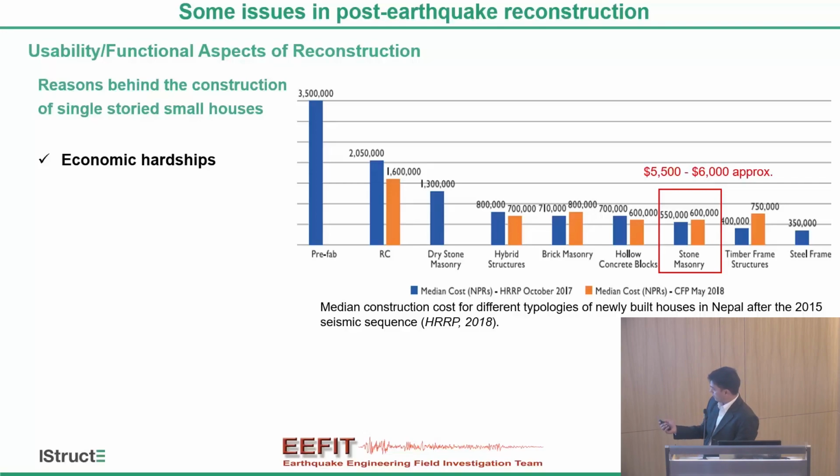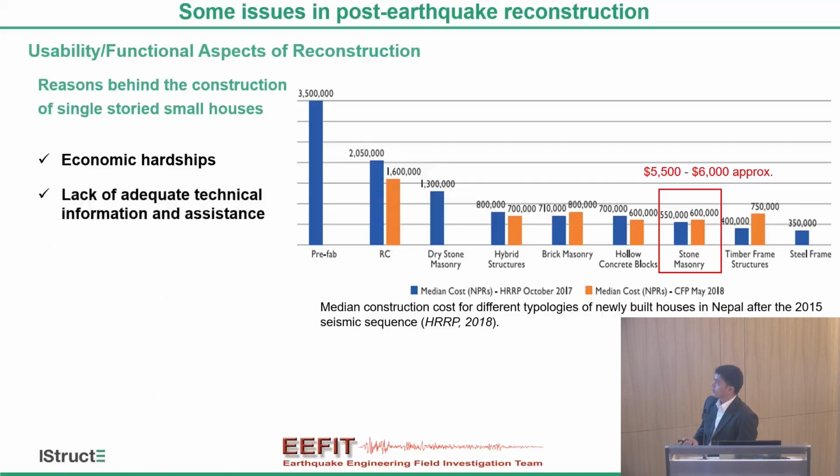So if you compare the construction cost of different typologies, this is the construction cost of newly built typologies. The construction cost of stone masonry, this also includes mud mortar and cement mortar both, is about $5,000 US, and the government provides financial assistance of $3,000. So they need to add almost half to even build a single-story 2-room house.